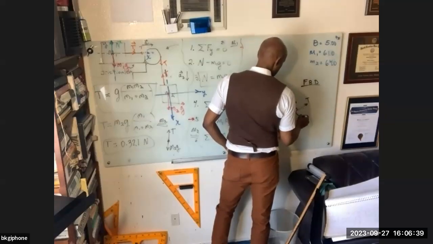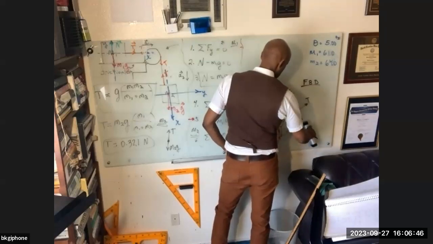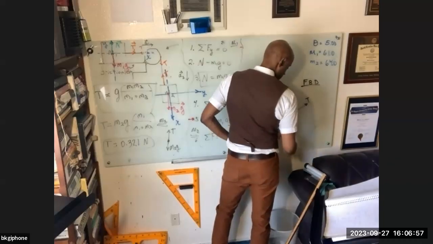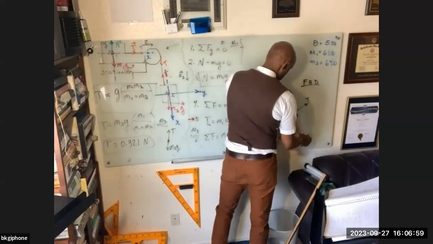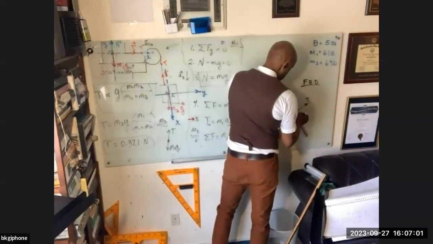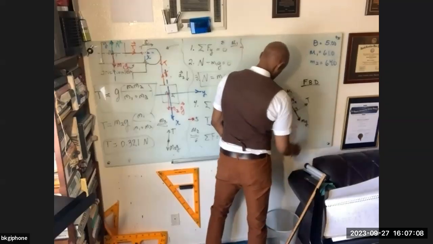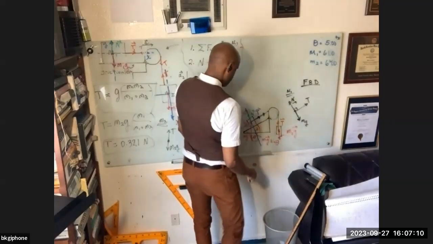We've got mg times the, what do we say, sine or cosine?